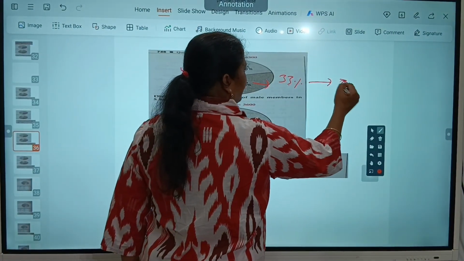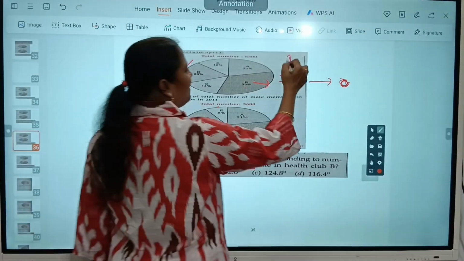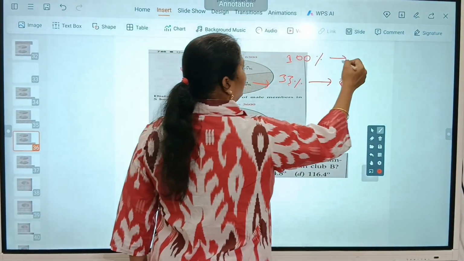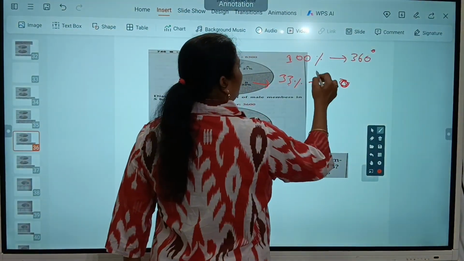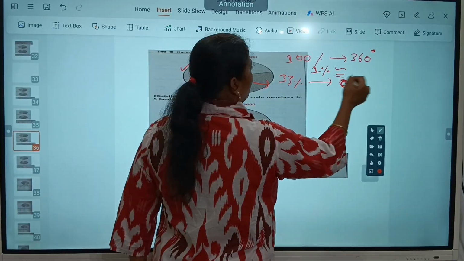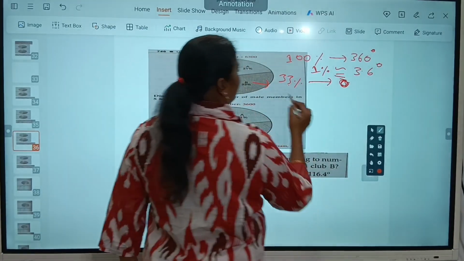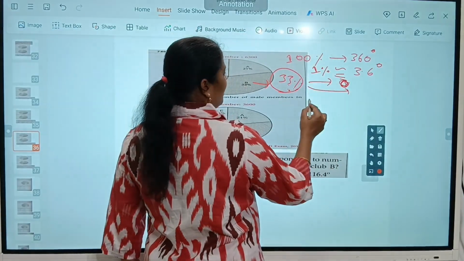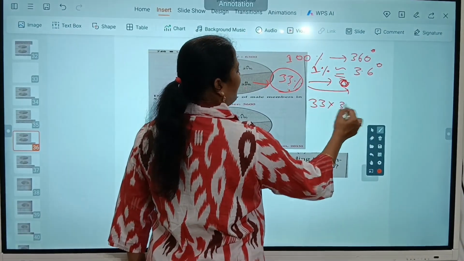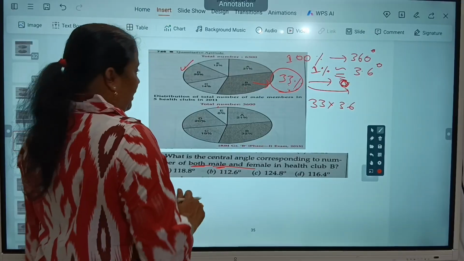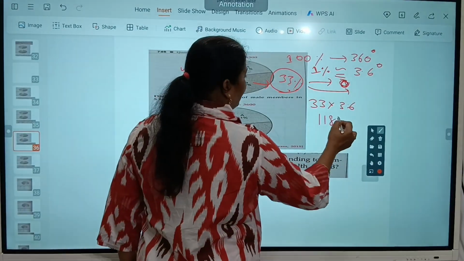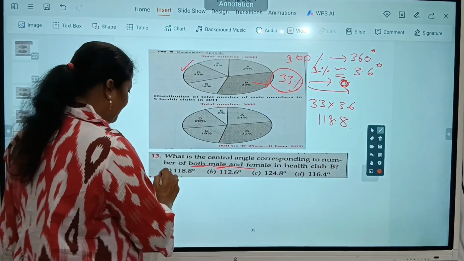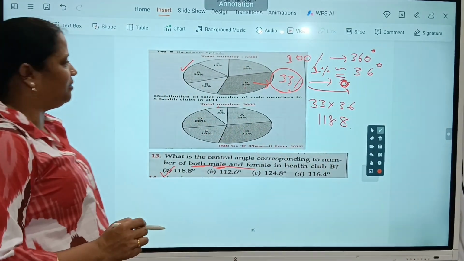Okay, means 100% we are converting into 360 degrees, so multiply 33 by 3.6. Then the answer will be 118.8. It is nothing but first answer is A.